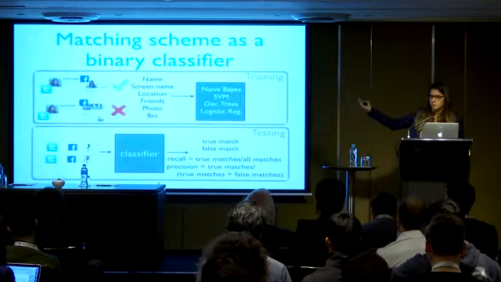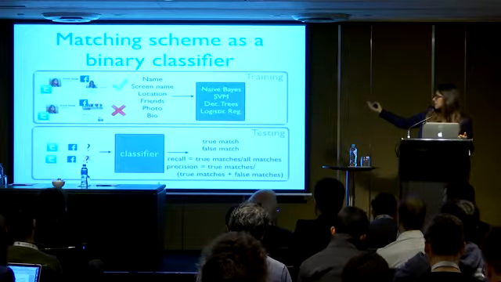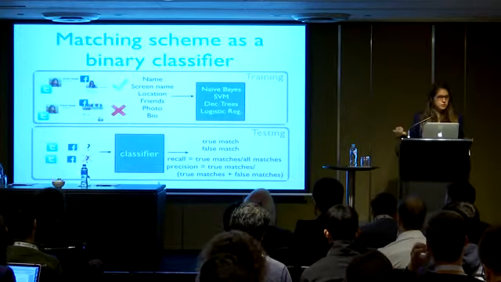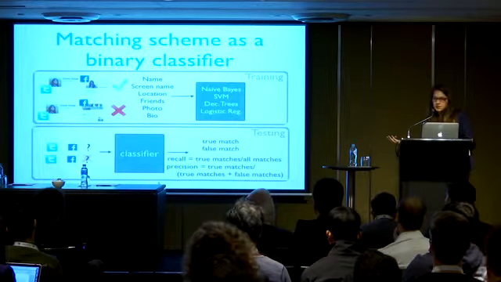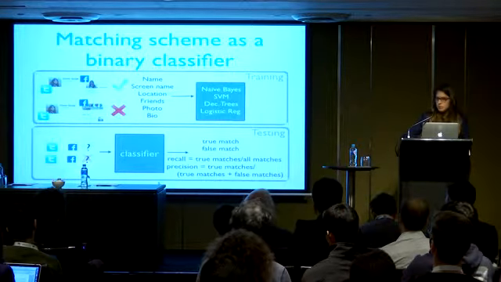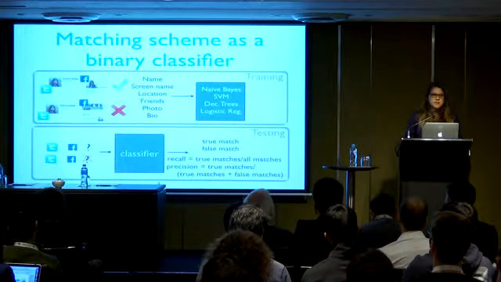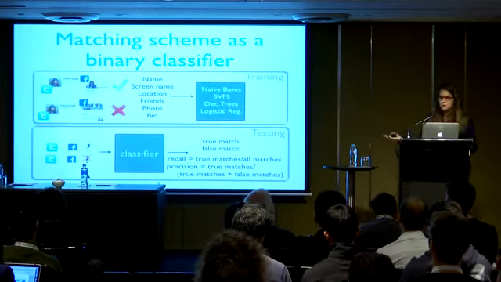You can take some positive examples, and then you can take some negative examples, and you train some classifiers with the similarity between the names, the screen names, the location of these two profiles. Then when you want to test the accuracy of the matching scheme, you just check whether the classifier correctly detects a pair of matching profiles, in which case it is a true match, or if it links pairs of accounts that belong to different users, in which case you have a false match.